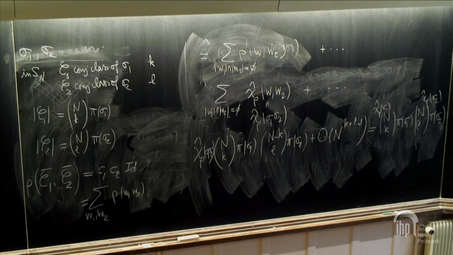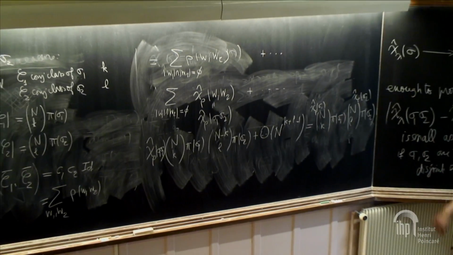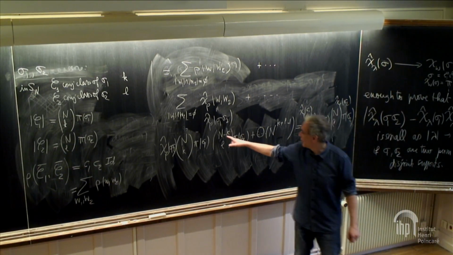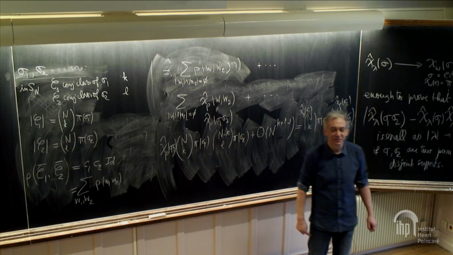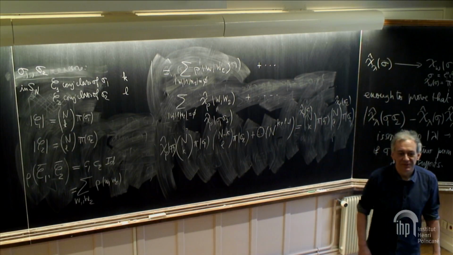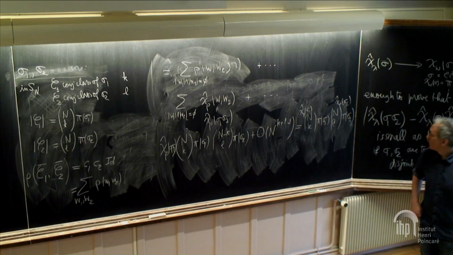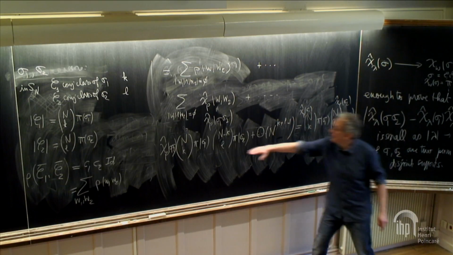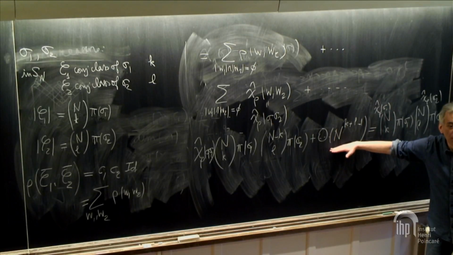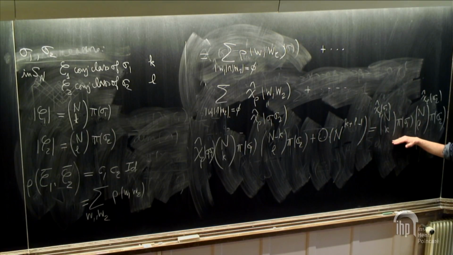But it's the same thing. You can simplify by n minus k factorial if you want. Now, what I say is that this plus something which is small is equal to this.